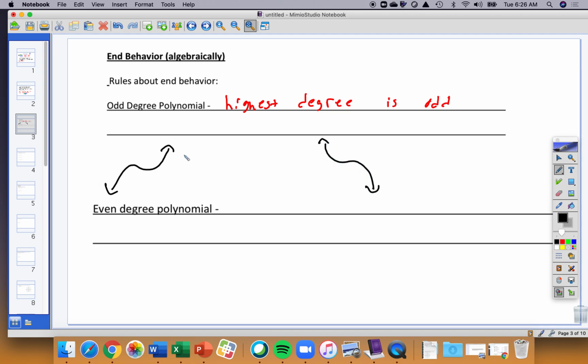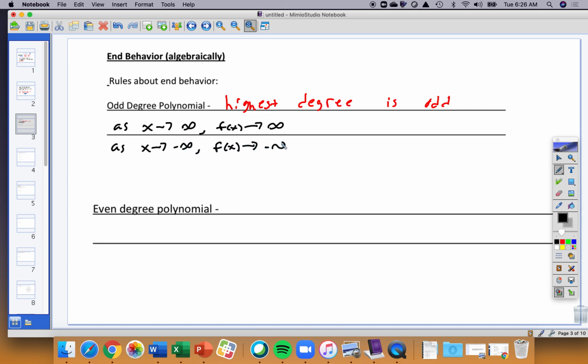So my two options for end behavior for an odd degree polynomial is: as x approaches infinity, f of x approaches infinity, and as x approaches negative infinity, f of x approaches negative infinity. This would be this kind of graph, like that.